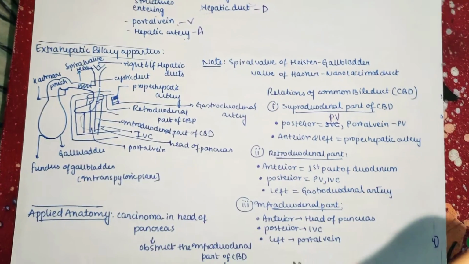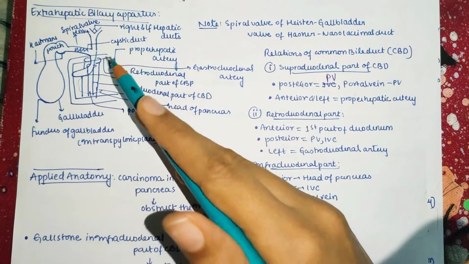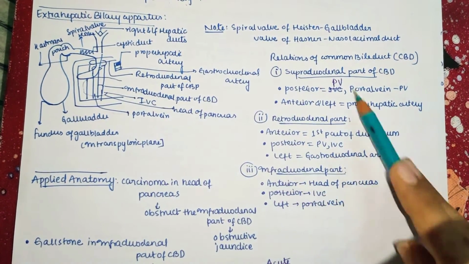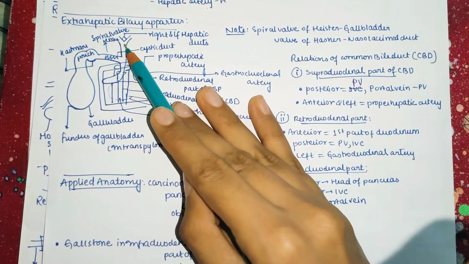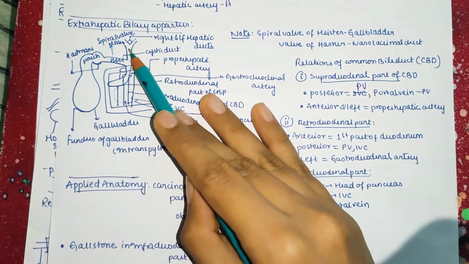Okay, so now coming to the extrahepatic biliary apparatus. First we should understand this diagram and next we'll come to the theory part. You know that the right and left hepatic ducts join together to form the common hepatic duct.